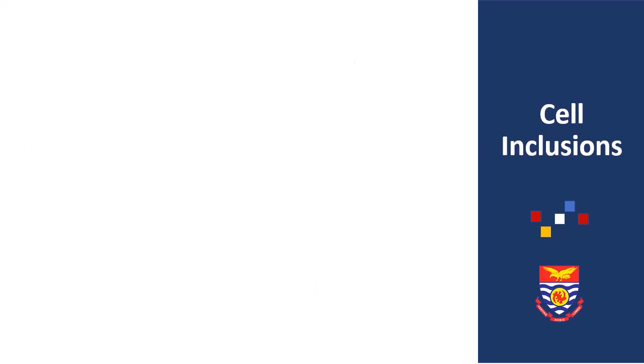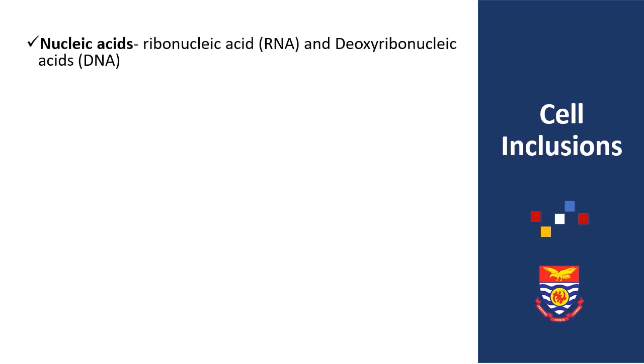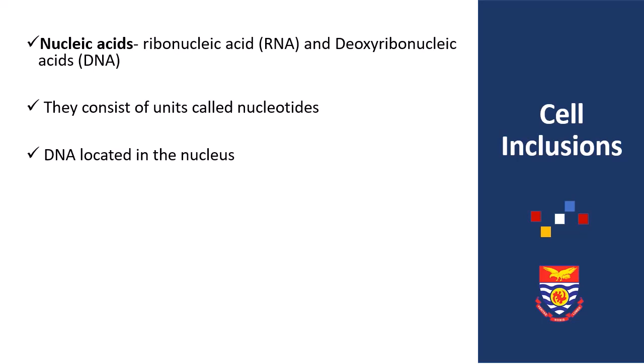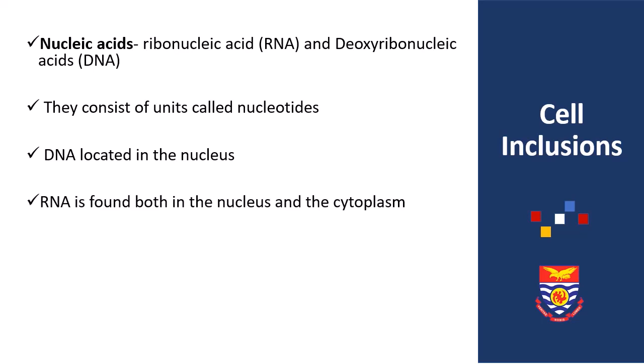Now, another organic compound we'll be looking at is nucleic acids. And the nucleic acids include RNA and DNA. And they are composed of units called nucleotides. And so let's have a look at DNA. The DNA is found in the nucleus of a cell, whereas the RNA is found in both the nucleus and the cytoplasm, but it's mostly found in the cytoplasm of cells.